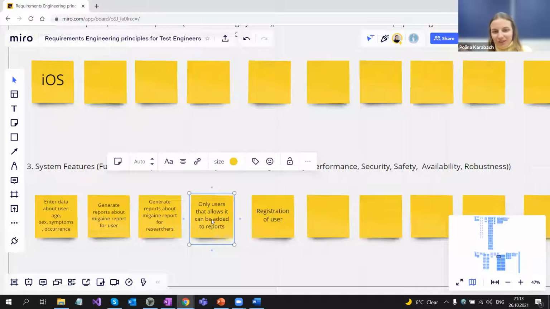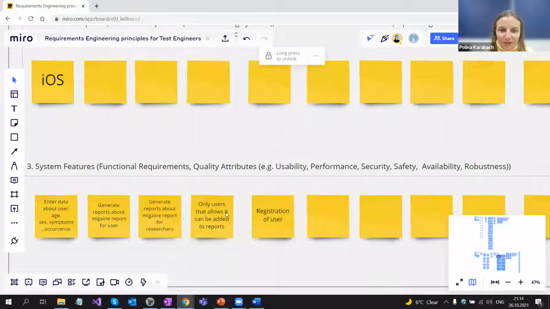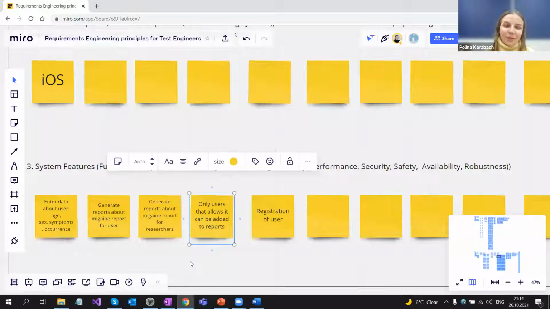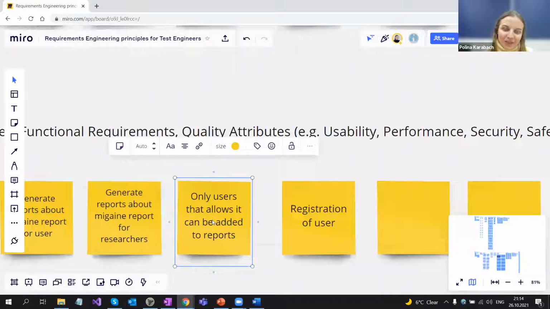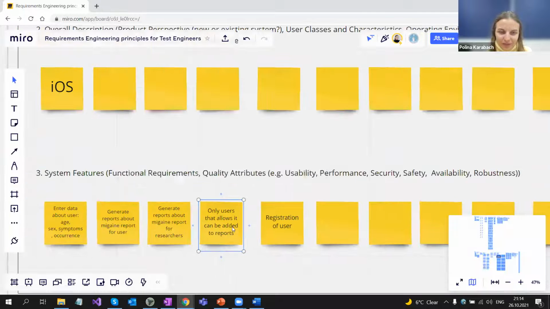So it can be both actually. But this is stated more like a functional requirement that will need to be more detailed, on how we want to provide this possibility, or it's even there in the acceptance criteria for the implementation that we do: only users that allow sharing the data can have their information shared. Is it making it a bit more clear?